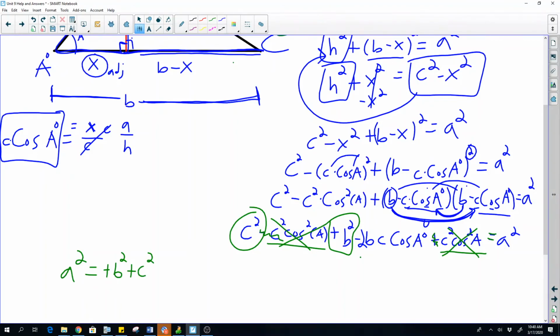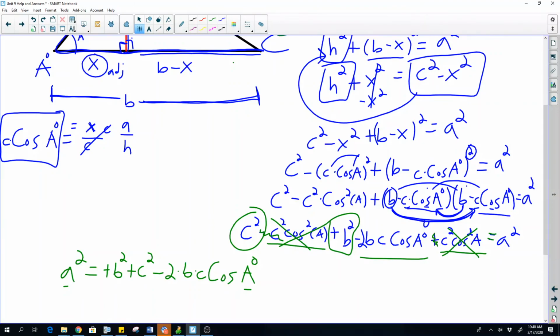And then we have our minus 2 times b times c cosine of the opposite of a squared, like the same letter. If this is A, then this is A. There it is, the law of cosines formula. Made it. Good job.